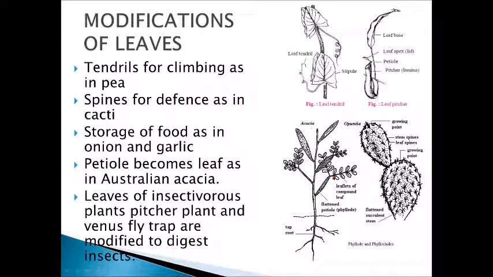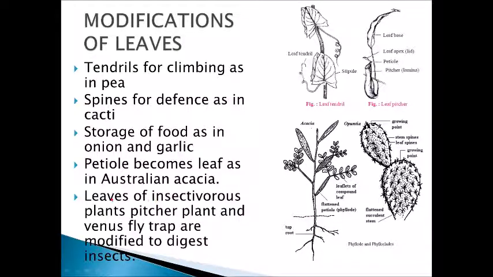So for photosynthesis, the petiole gets converted into a leaf. This petiole does not remain a cylindrical structure. It becomes a flat leaf-like structure and does the function of photosynthesis. So this is one more modification, and such a flattened petiole in Australian acacia is called phyllodes.